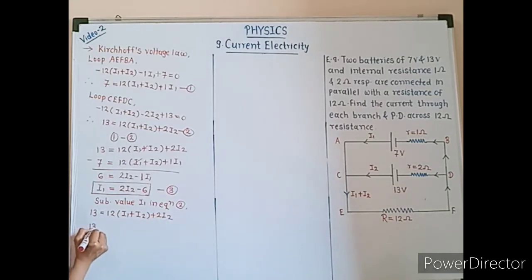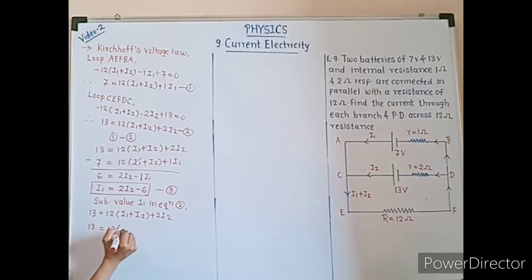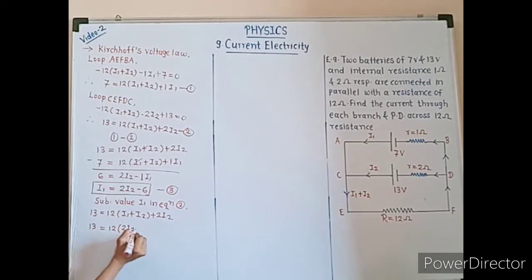So 13 is equal to 12 into, what is the value of I1? 2I2 minus 6, from equation number 3. The remaining terms are as they are, plus I2 and plus 2I2.